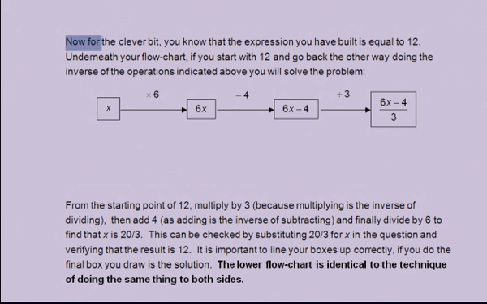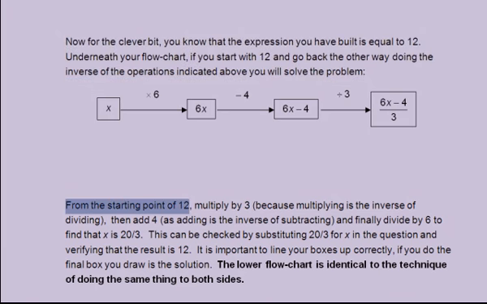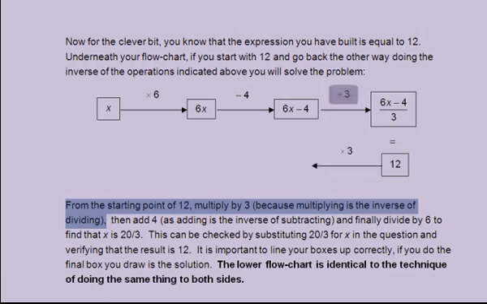Now for the clever bit. You know that the expression you have built is equal to 12. Underneath your flowchart, if you start with 12 and go back the other way, doing the inverse of the operations indicated above, you will solve the problem. From the starting point of 12, multiply by 3, because multiplying is the inverse of dividing. 12 times 3 is 36.